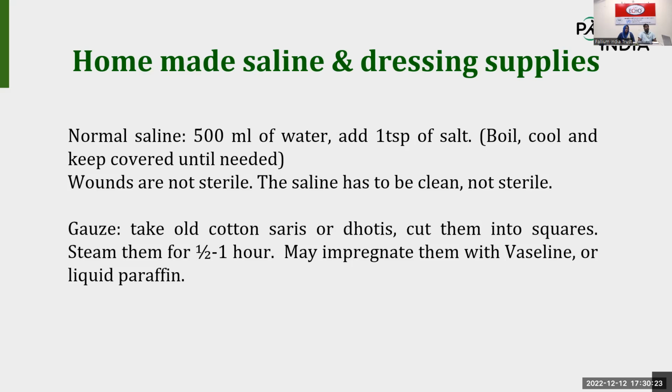They need to cut it into square pieces and steam it for 30 minutes to 1 hour. They can steam it in an idli maker. They can place it in between and steam it, and then use the cut pieces of cotton cloth with Vaseline or any liquid paraffin applied on it for dressing the wound.